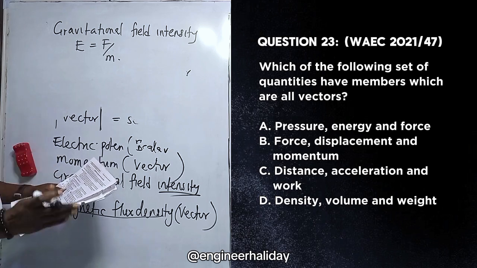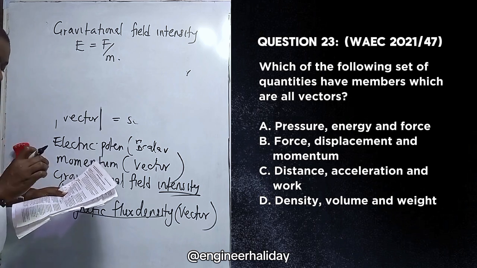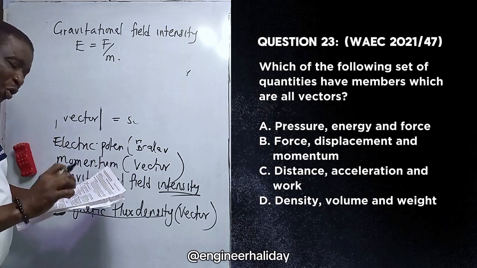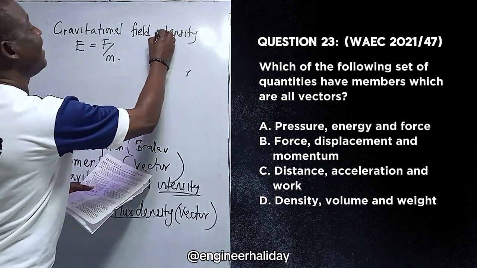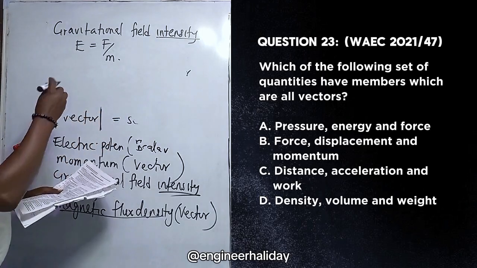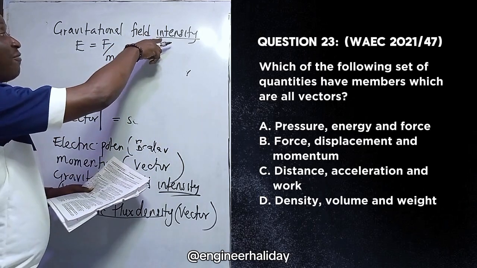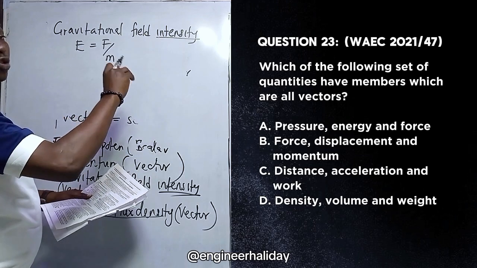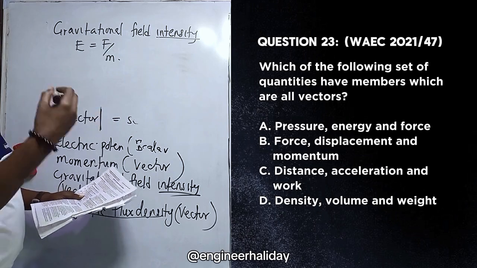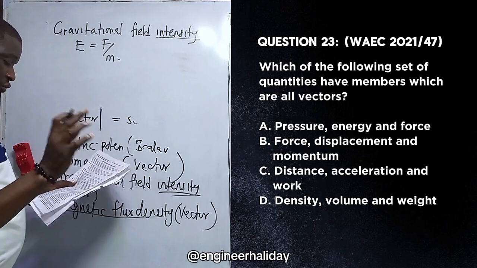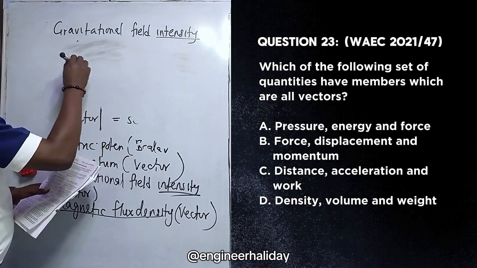Electric potential is scalar, they put vector there. The momentum is purely vector, they put scalar. Because of this intensity, maybe they are talking about the magnitude there. Most of the times when we use intensity, they always classify them as scalar. So you can take A, but you can still do your research about it and tell me your answer.